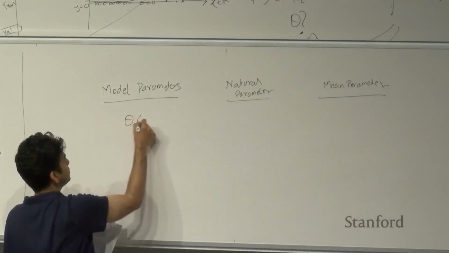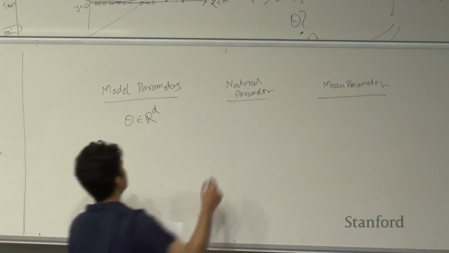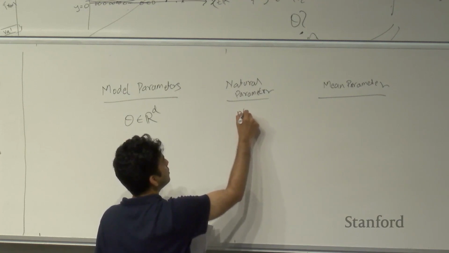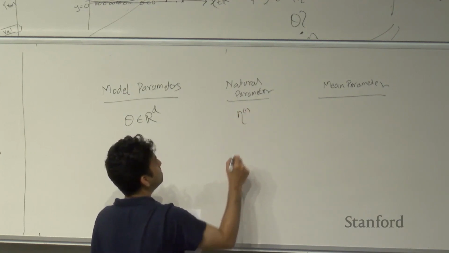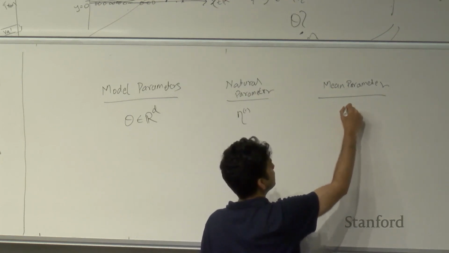So theta in R^d is the model parameter. Eta is the natural parameter, and the mean parameter is going to be different for different distributions.